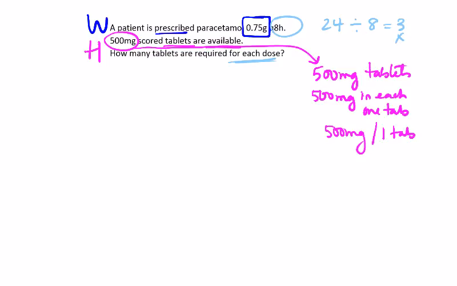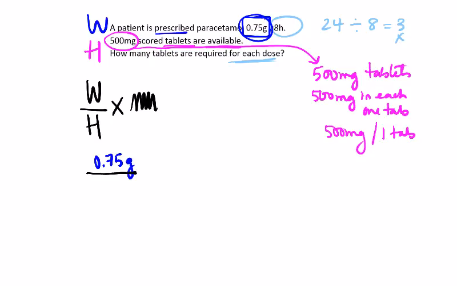So if we are using, not the box this time, we're using the formula method. Want over have times the third quantity, or how the drug comes in. So what do we want? We want 0.75 grams. I know that you're probably saying, hey, that's not matching, but it's no problem if I write it down, so long as I analyze it all as soon as I write it.